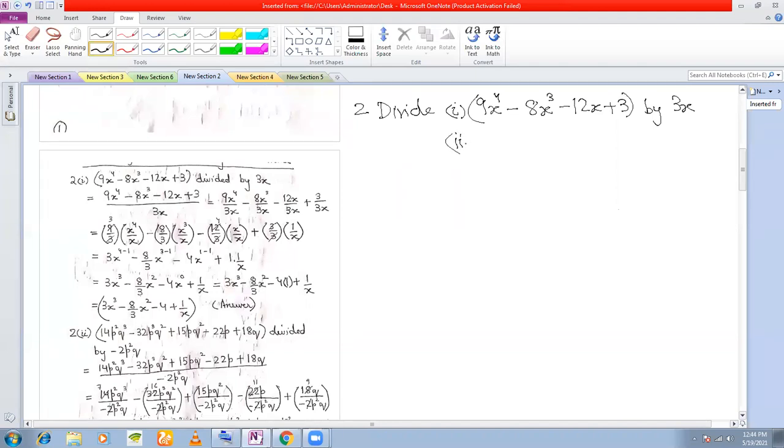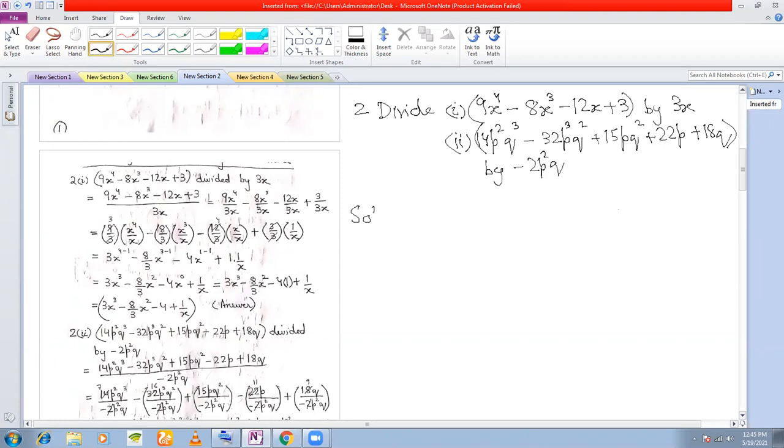Second, 14 p square q cube minus 32 p cube q square plus 15 pq square plus 22p plus 18q. This entire polynomial has to be divided by minus 2p square q.